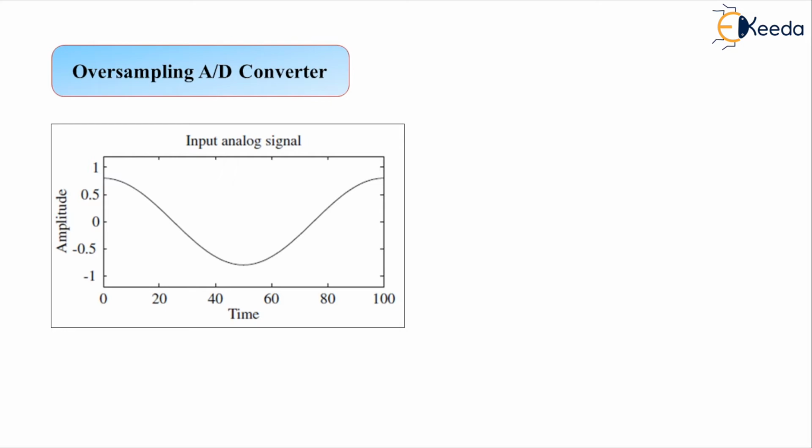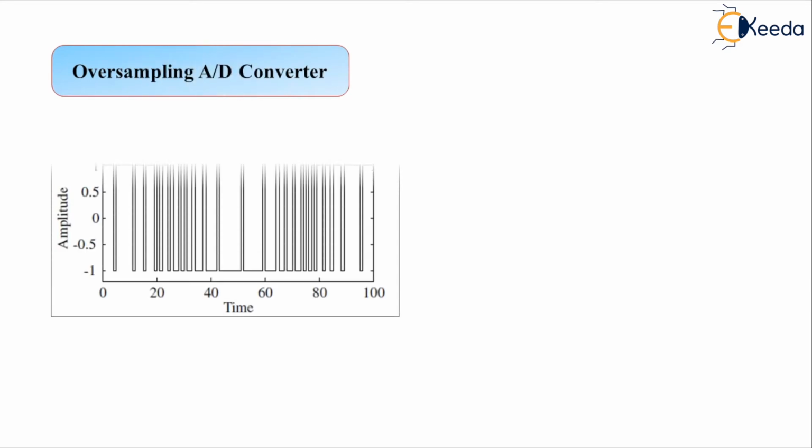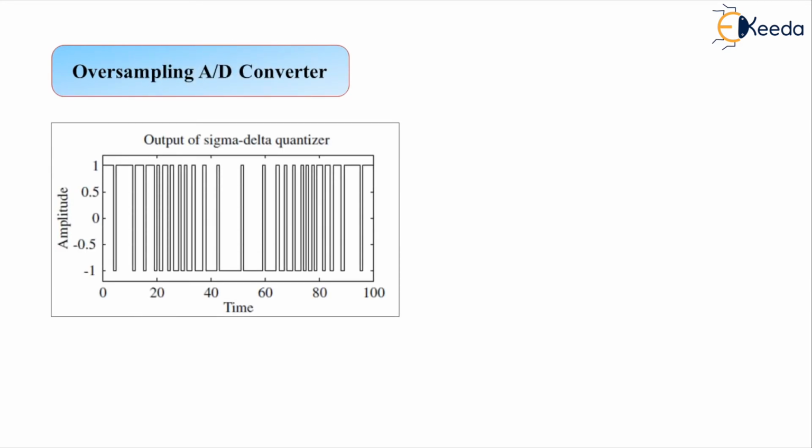The time samples are 0 to 100 here, the amplitude markings are there on the vertical axis, and here is the corresponding output. Now next to that, we have the input and output waveform for the sigma delta quantizer, and further the low pass filtered version of the output signal illustrated with this particular diagram here.